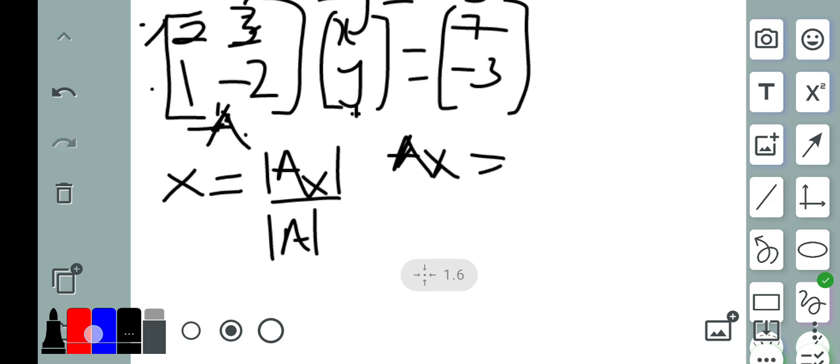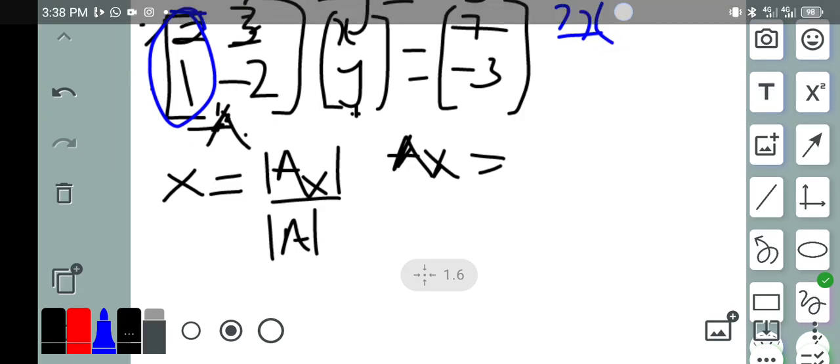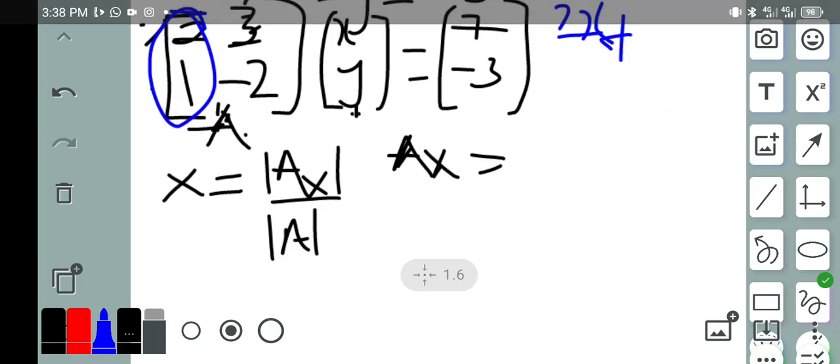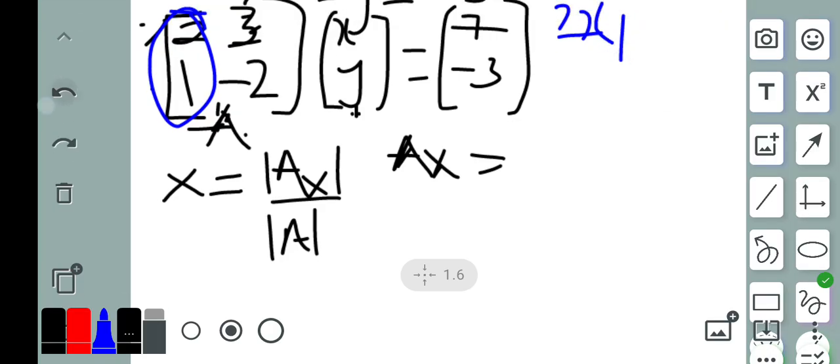This is the coefficient of x, because when I expand this, I get 2x plus 3y, like that. Since this is my coefficient of x, I'll remove it and put the constants there to get my Ax.